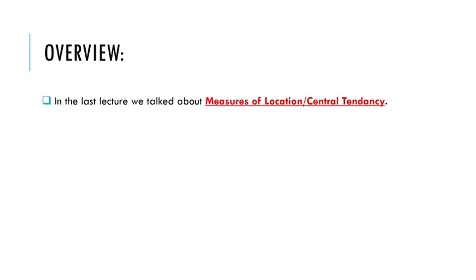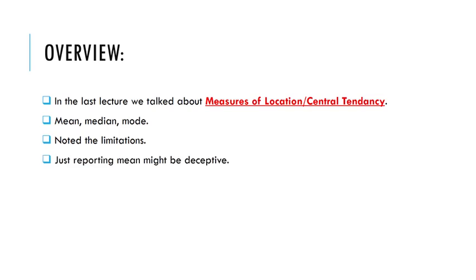In the last lecture, we talked about measures of location and central tendency, and these were things that were already familiar to you, right? Mean, median, mode, you understand that. But we also noted some of the limitations. For example, it might be just a little deceptive if we report just a mean.